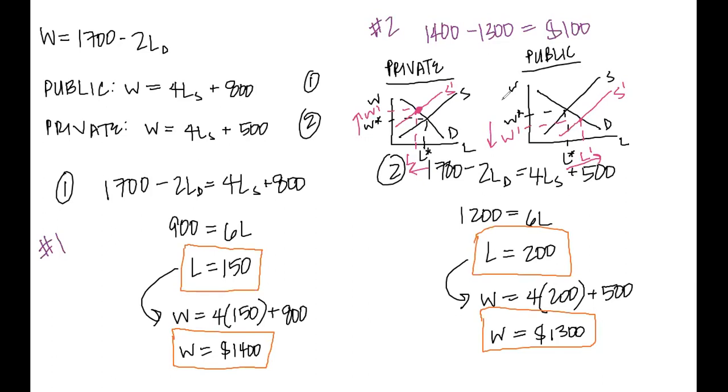But then those teachers that move over to the public sector is going to increase the supply of public school teachers, and from the increase of teachers in the public sector, wages are going to go down and labor is going to increase. So like I said, I think the easiest way to answer these two questions was by looking at graphs, but you can definitely solve it without graphs also.